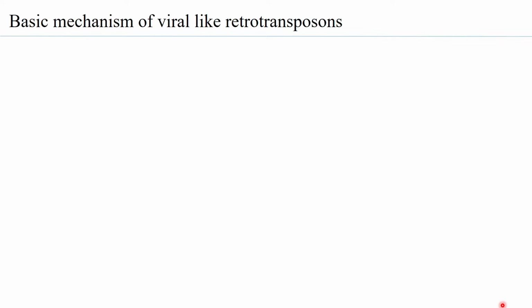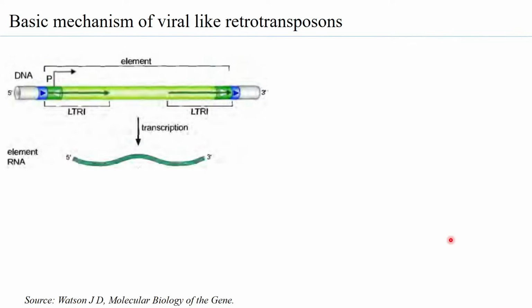Now let us look at the mechanism of these viral-like retrotransposons. So, as we have seen, this is the basic structure of the LTR retrotransposon, and the promoter lies within the LTR region. So, you have the RNA pol coming and binding to the promoter region and transcribing the transposon element, and so you get the element RNA.